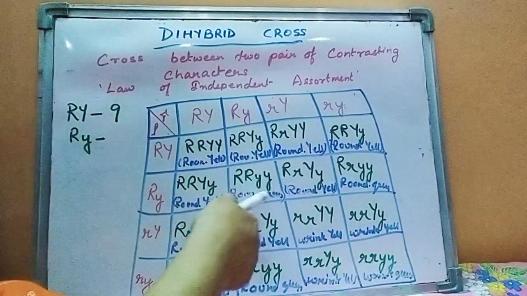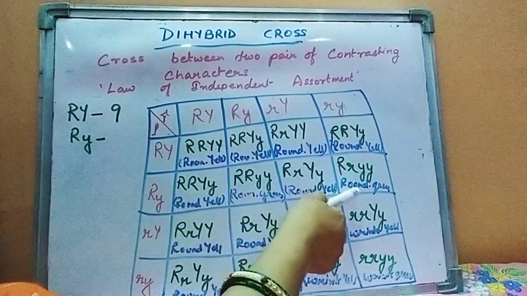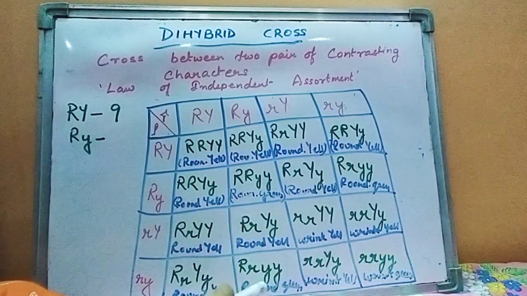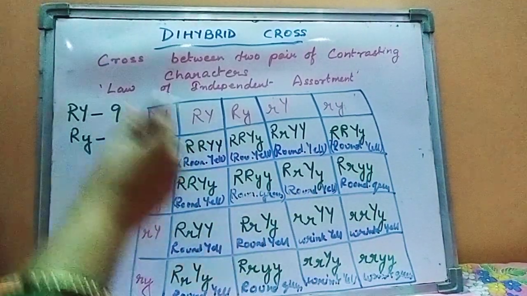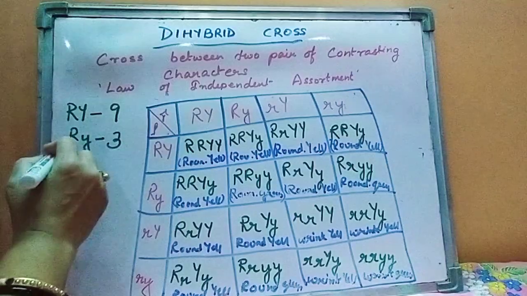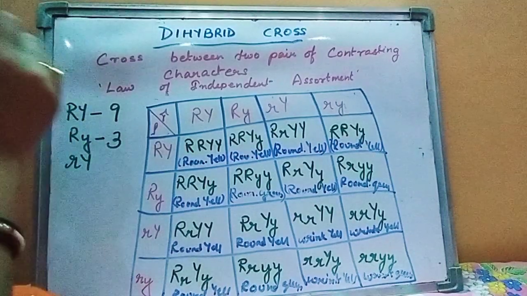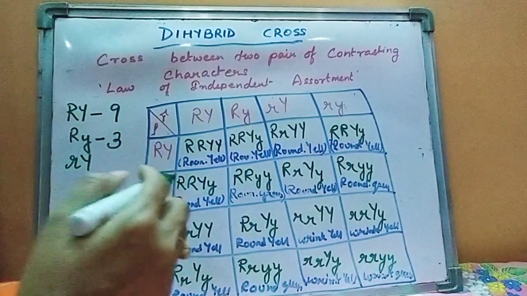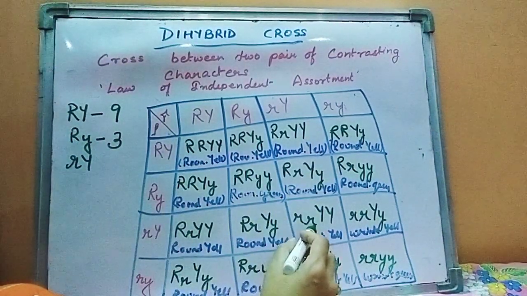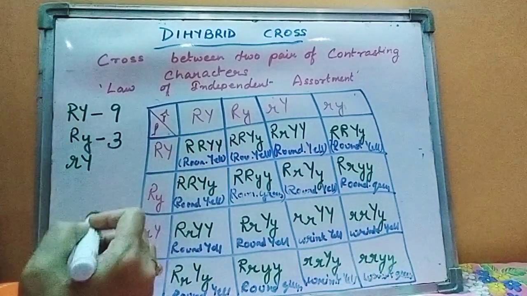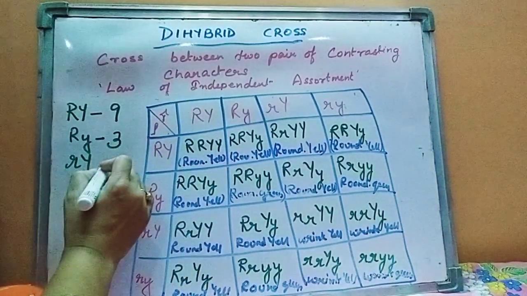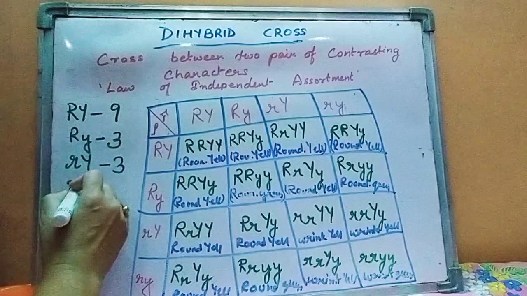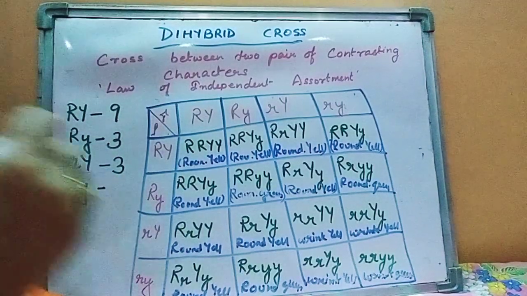See, one here, one another here and there. So 1, 2 and 3. Then wrinkled yellow, how many? Just count and see. Wrinkled yellow, one here, 1, 2 and 3. And the last pair, that is the recessive, was only 1.